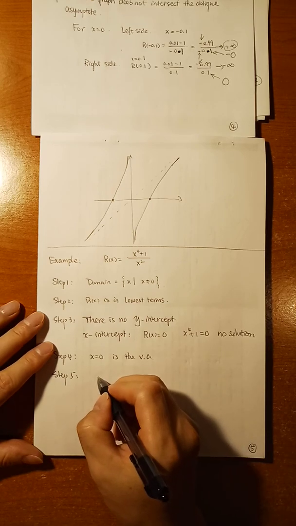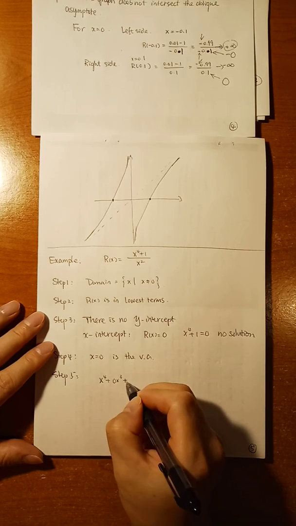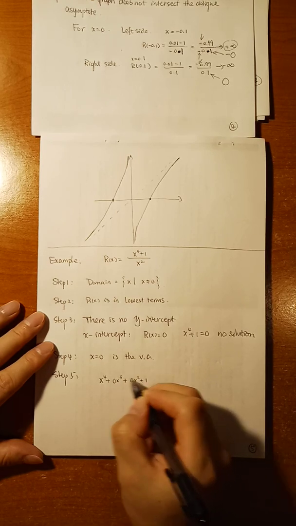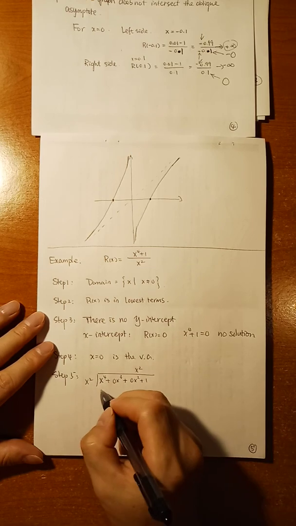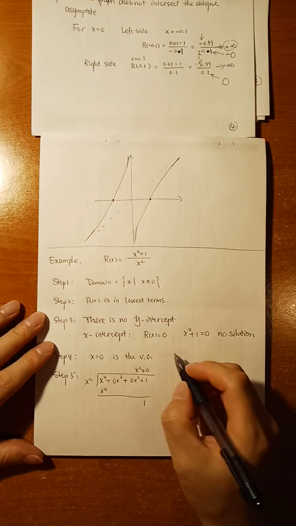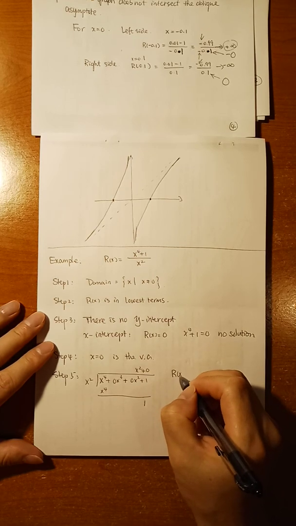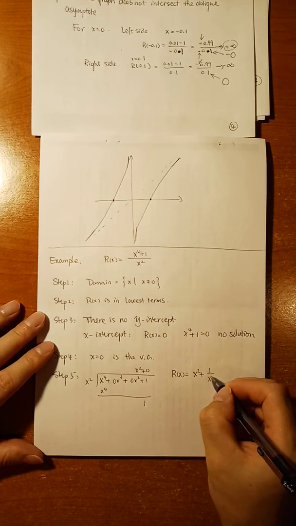But when I do the long division, you will get the rational function equal to x squared plus 1 over x squared.